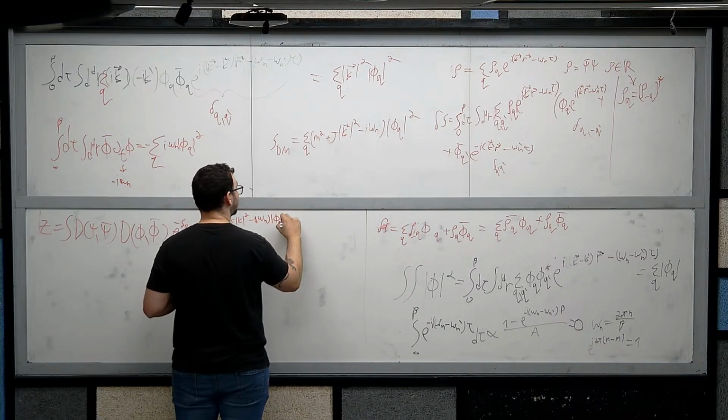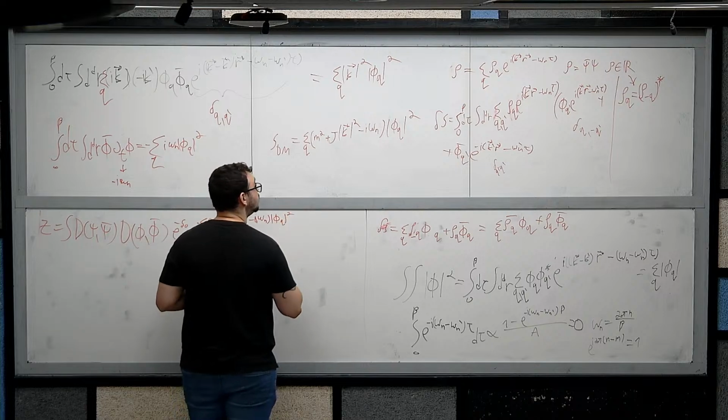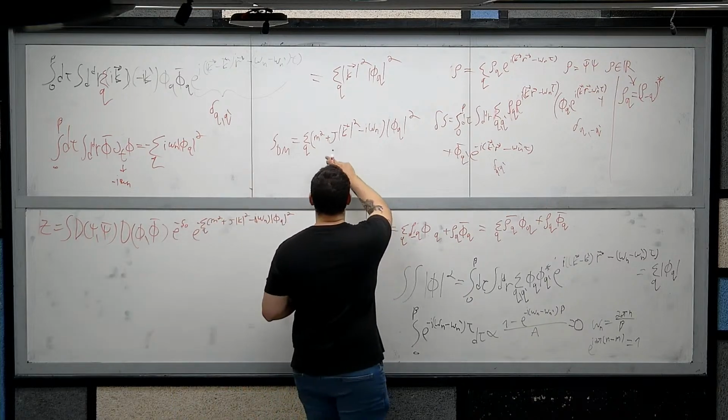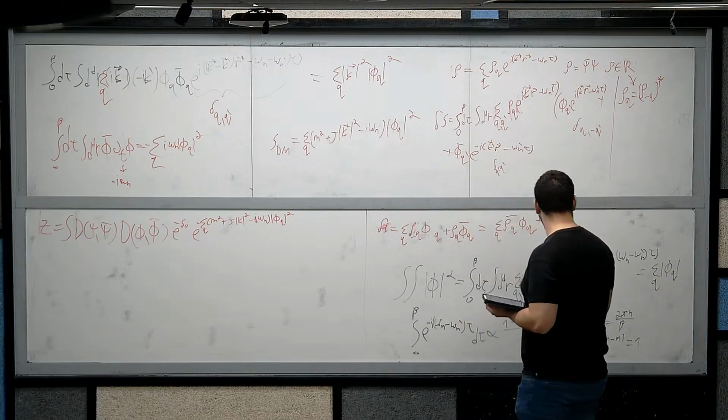So value k is like q squared. This is the S_DM, dark matter term, and now the interaction term, we have it right here.